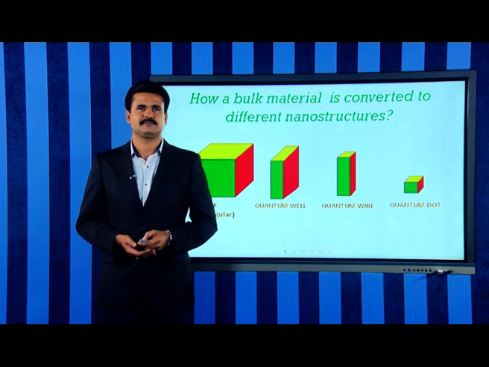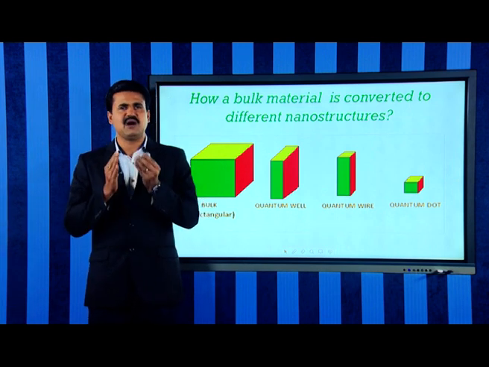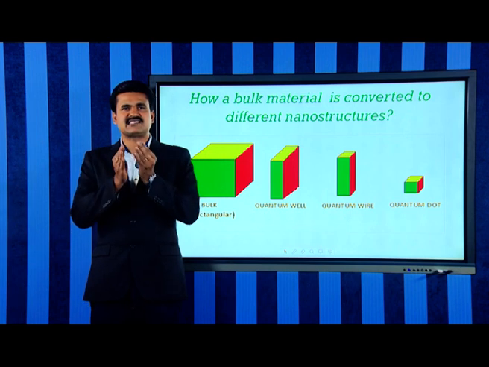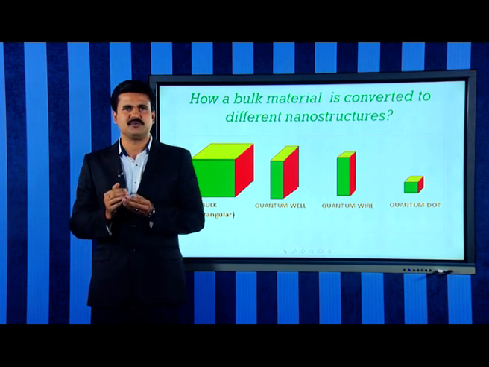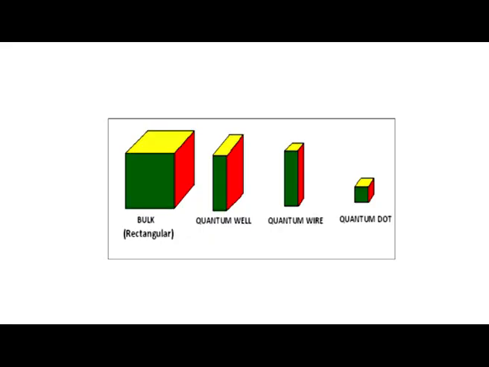Now, we have to check how a bulk material is systematically transformed into different nanostructures. The picture represents the systematic transformation of a bulk material into different types of nanomaterials. Consider the bulk material where all the three spatial directions are outside nano.